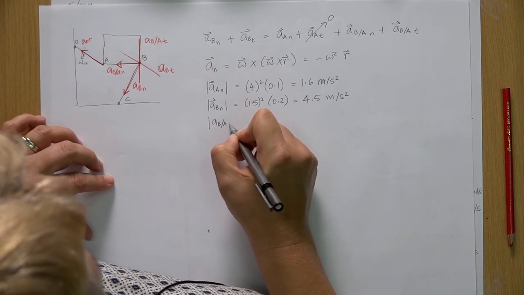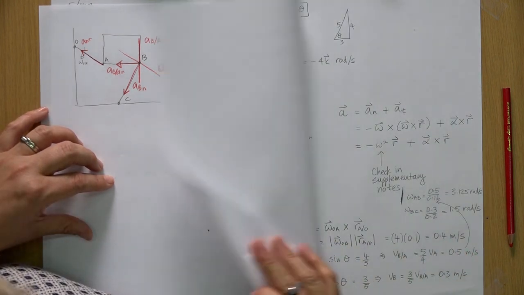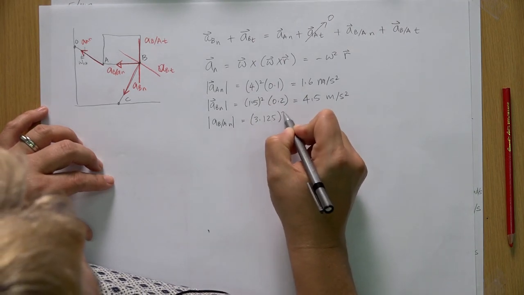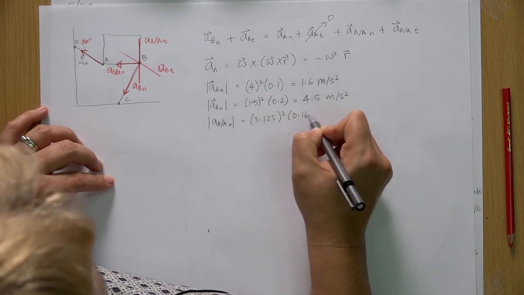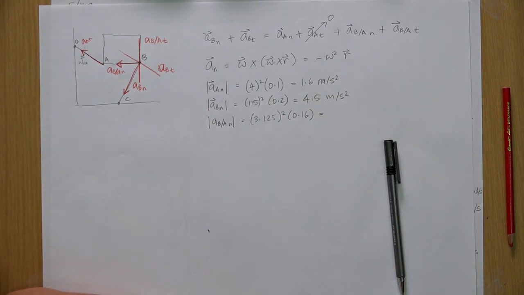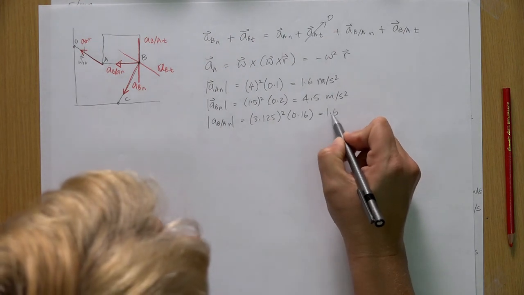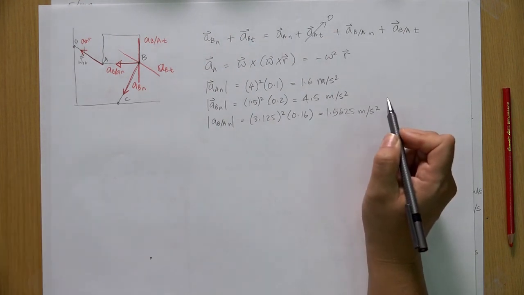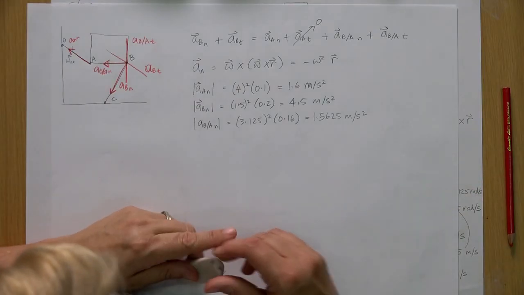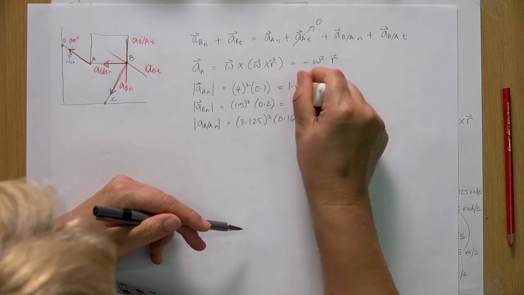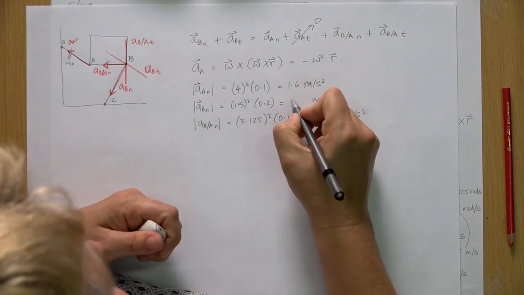AB relative to A normal equals 3.125 squared times 0.16, which equals 1.5625 meters per second squared. That doesn't make sense, but I see that my mistake was here. Sorry about that.